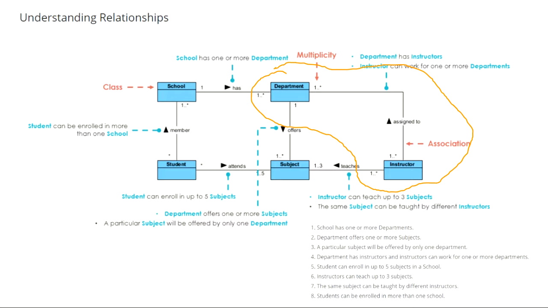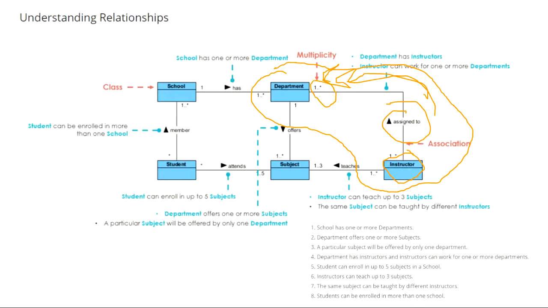One or more departments are assigned to one or more instructors. Instructor has one to many departments. One department has one or more than one. Fine. So if you are reading it this way, then an instructor is assigned to one or more than one department.